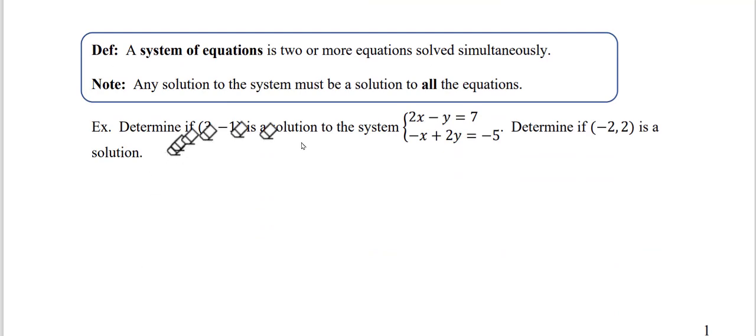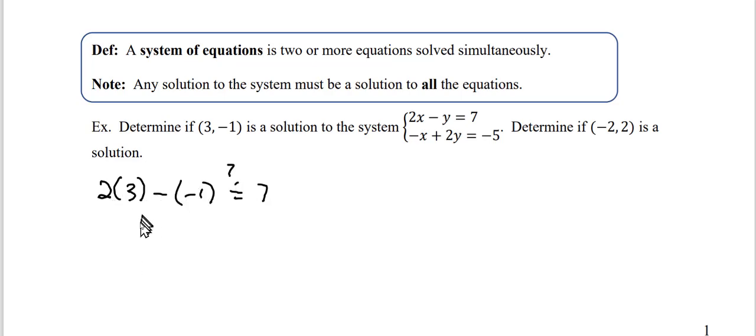Let's check it out. The way we do it is we just plug it in. 2 times 3 minus negative 1, is that actually equal to 7? And the answer is yes. 6 plus 1 is 7. And let's check it in the other one. So we're checking 3, negative 1 here.